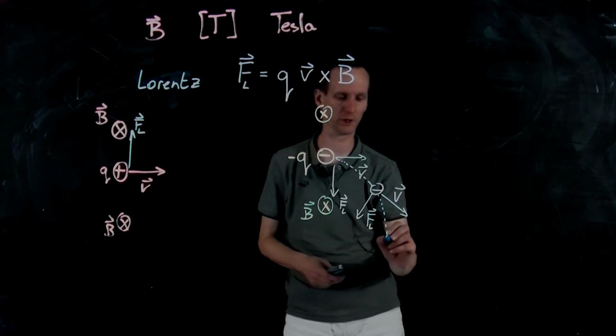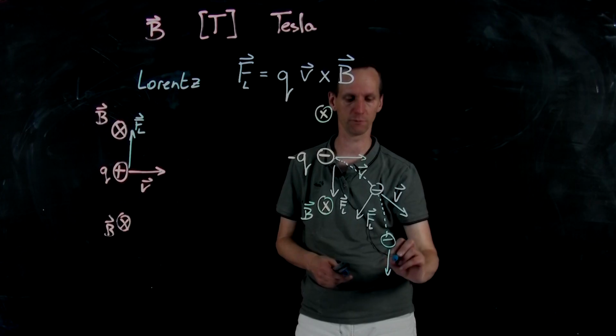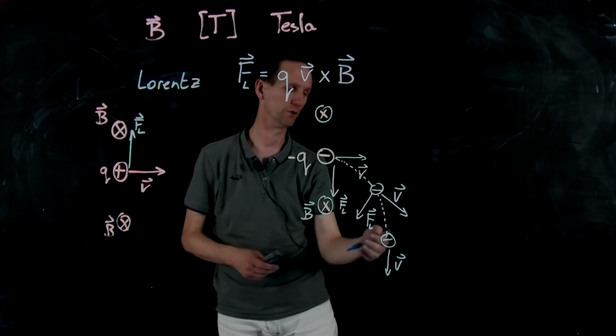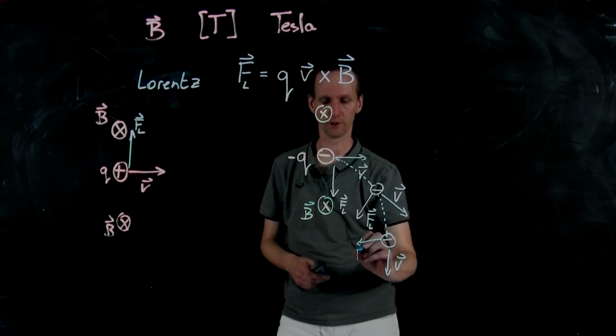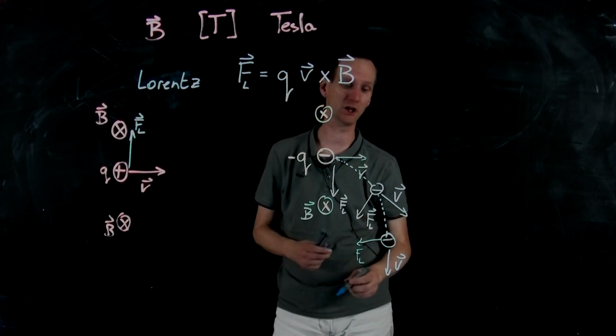Now we can continue doing this. If the particle ends up here, its velocity is pointing in the downward direction, the magnetic field is still into the screen, we rotate them and we find a Lorentz force pointing in the opposite direction as the velocity was initially.